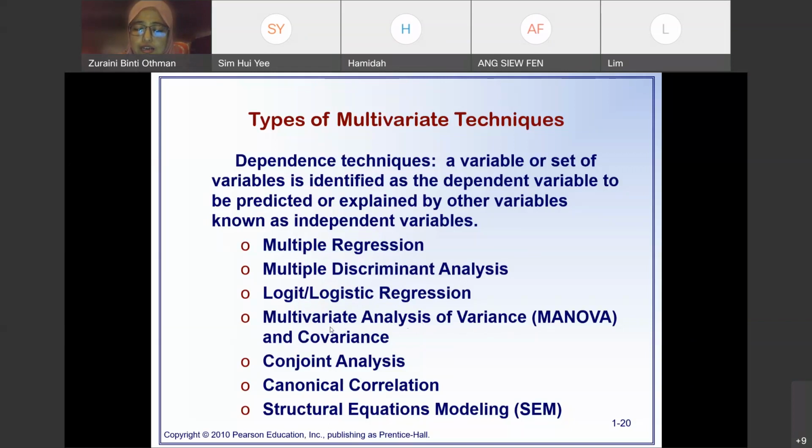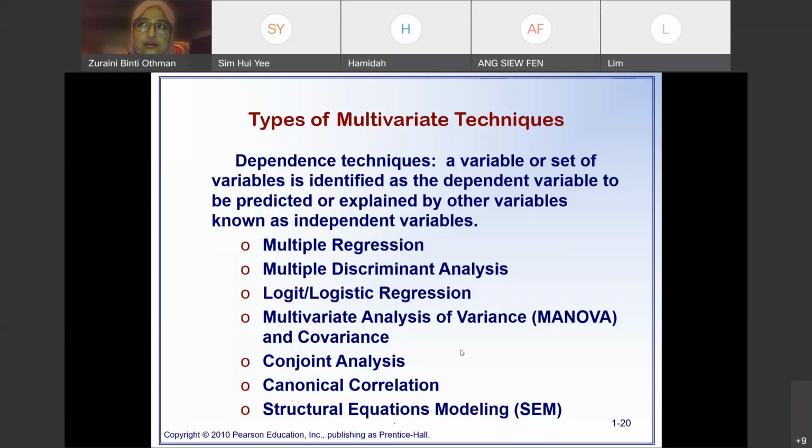After this, I will teach you analysis of variance. Then we will cover a bit about multivariate analysis of variance. What is the example of this case? We will cover it in the next chapter. Then conjoint analysis is also involved in the dependence technique. And other than that are canonical correlation and structural equation modeling.